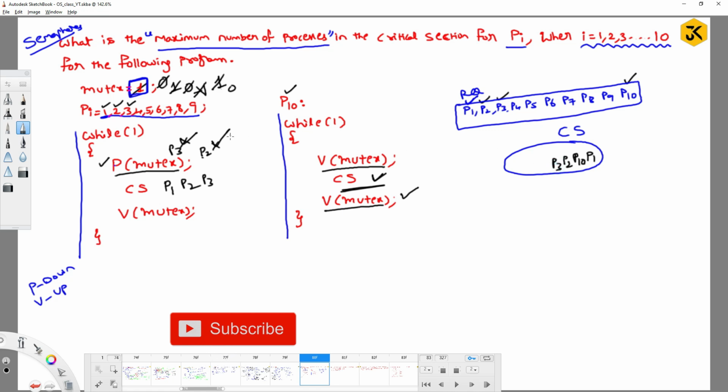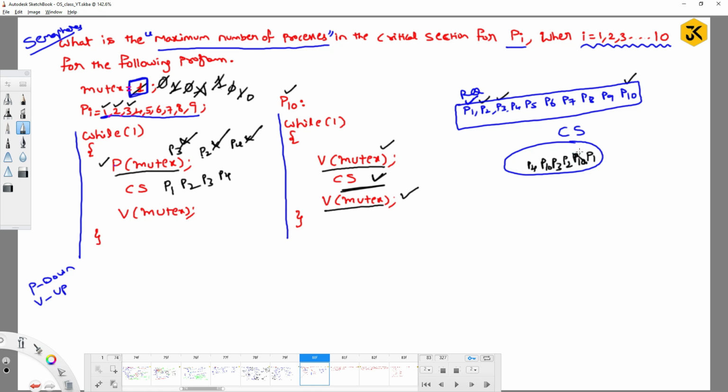Then is process P4 allowed to execute? No, because it is -1. But suppose P10 wants to enter again, P10 performs up operation, yes, 1, then P10 is done. Now can P4 enter? Yes, because it will decrement its value to 0, allowed. Now P4 enters into the critical section, right?